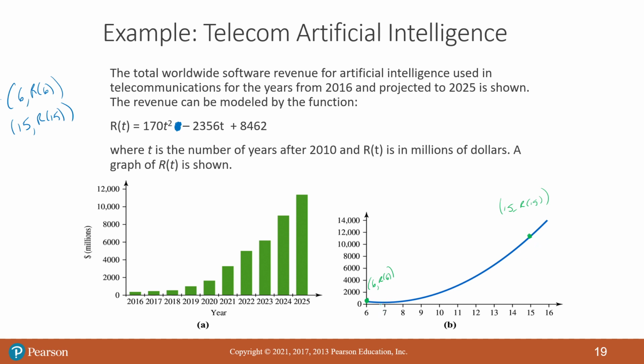But if I were to take the slope of every point between 6 and 15 here and average them, the average would turn out to be the same as the slope of the straight line that connects those 2 points. And forgive me, because I am not the best line drawer, but I'm doing the best I can.